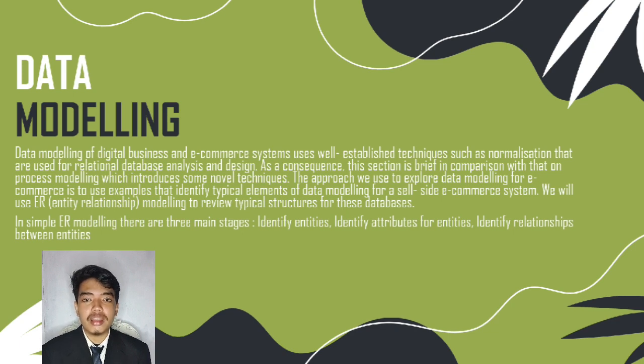For example, in a library system, there is a relationship between books and authors because each book is written by one or more authors. Relationships are typically represented as lines connecting the related entities, and they often have labels that describe the nature of the relationship, such as written by.